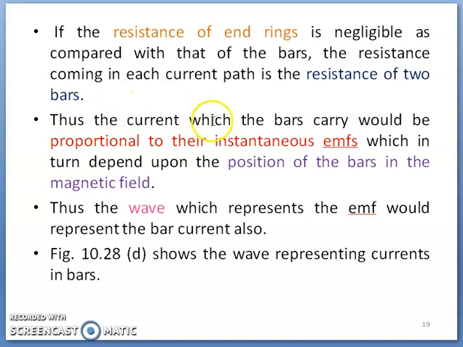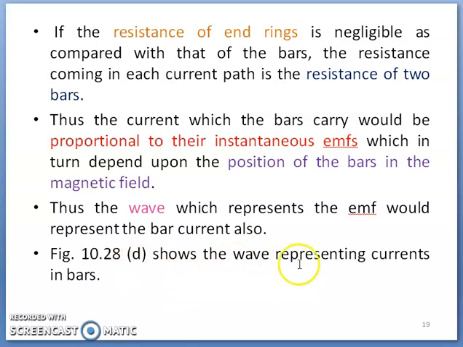Thus the current which the bars carry is proportional to their instantaneous EMFs, which in turn depend upon the position of the bars in the magnetic field. Thus the wave which represents the EMF also represents the bar current. The nature of both EMF and current will be the same.